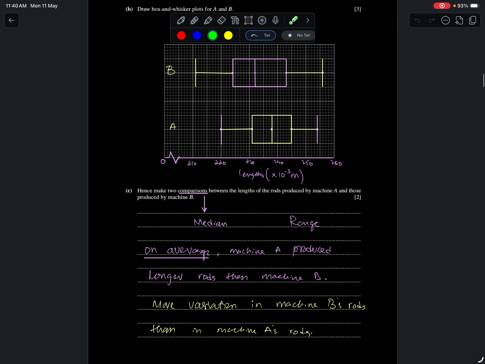For example, here, on average, machine A, this is machine A, its median is greater than median of B. Machine A produced longer rods than machine B, but you have to mention on average because you are comparing their medians, right? The second comparison is based on their ranges. So this has longer range, box B, so you have to say more variation in machine B's rods than in machine A's rods because of its greater range.